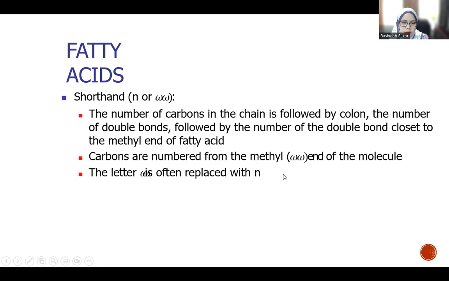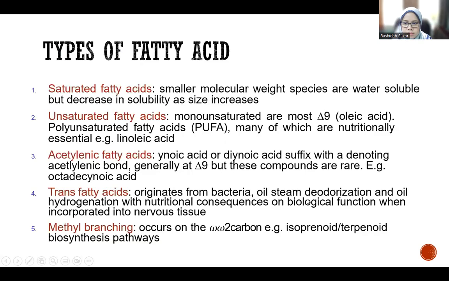Kalau ada double bond, dia akan tulis 1, 2, 3. So 16:3 is 16 carbon, double dot 3, meaning dia ada 3 double bond. Okay, followed by the number of double bond closest to the methyl end. So starting from the methyl end. Carbons are numbered from the methyl end of the molecule. The letter W ni, macam omega, is often replaced with N, depending on how they are being written, the nomenclature.